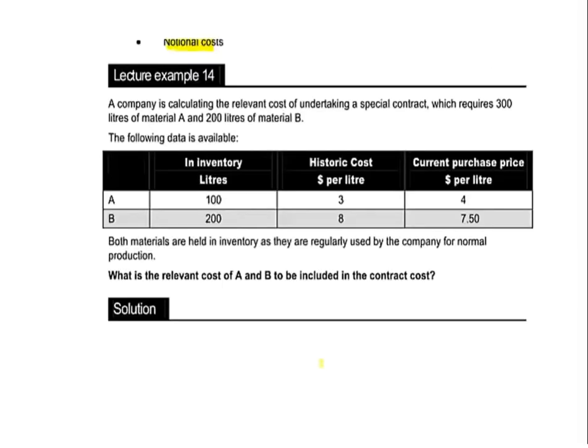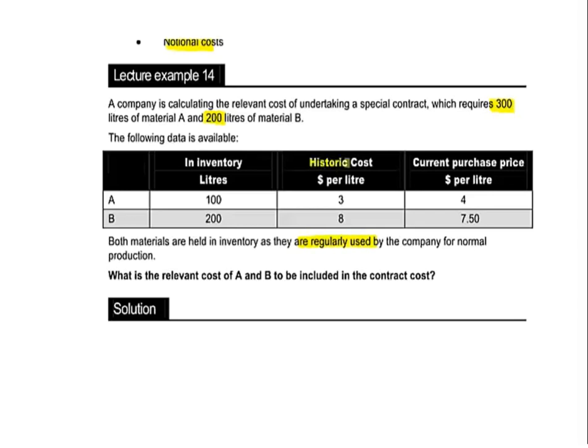We might need to include calculations for a relevant cost of a material to be included in a project. So in lecture example 14, a company is undertaking a special contract and we need 300 litres of A and 200 litres of B. And we've got some inventory because both of these products are regularly used by the company for normal production.